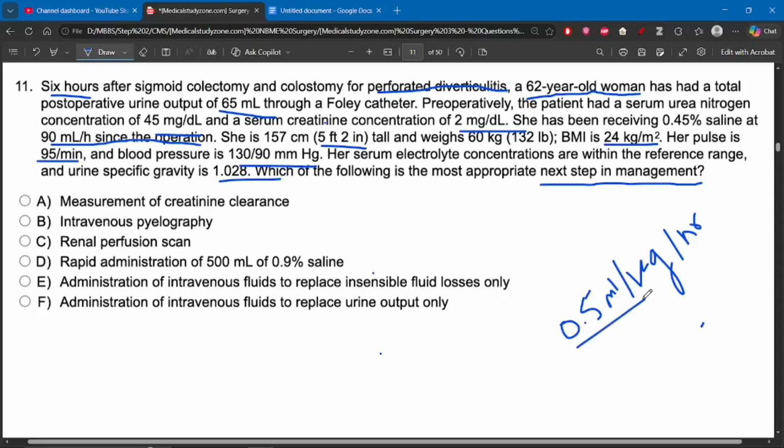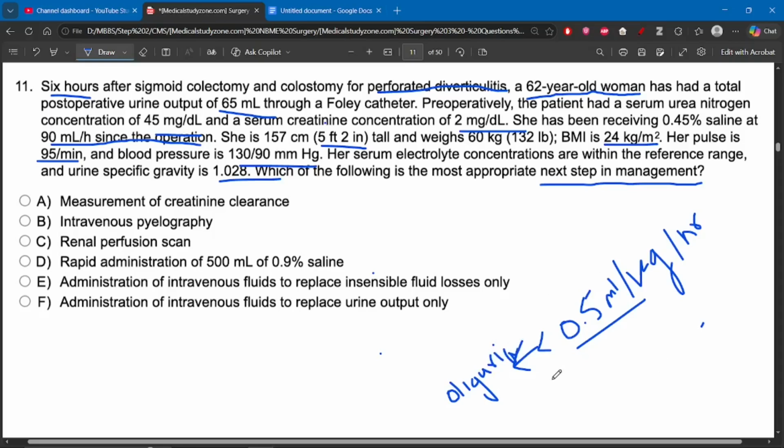So this is the normal, the minimum, I would say, threshold of urine output that the person should have. Lesser than this, then it's going to be oliguria, something that you call the decreased urine output.